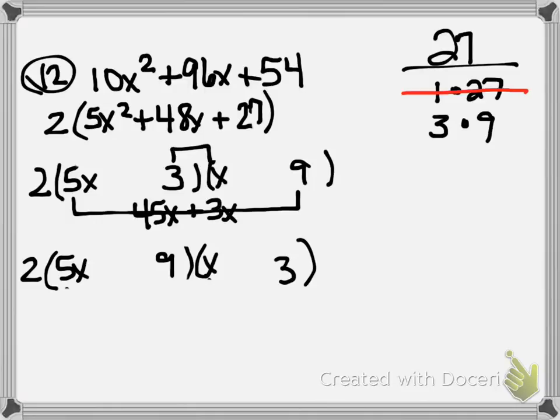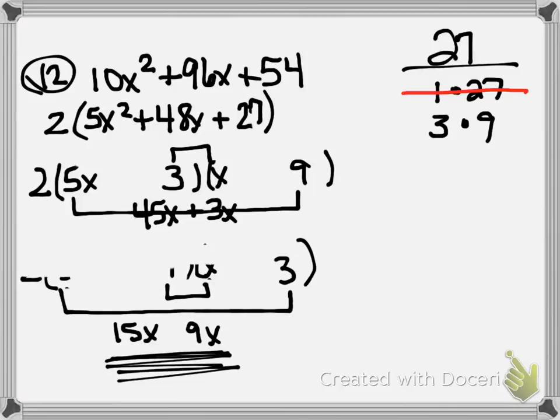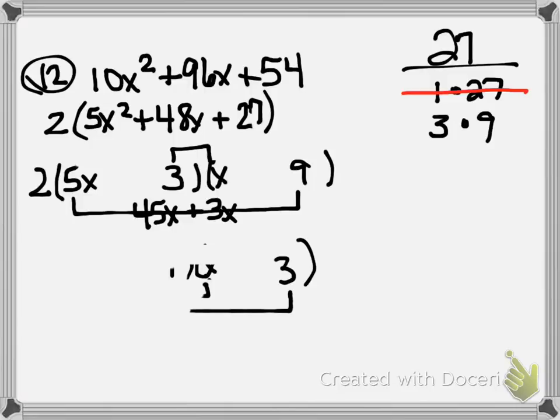Well, 45 plus 3 is definitely 48. Let's look at the bottom one just to see. 5x times 3 is 15x, and 9 times x is 9x. There is no way you can get to 48x by adding these two together. Therefore, our answer must be the 3 and the 9.